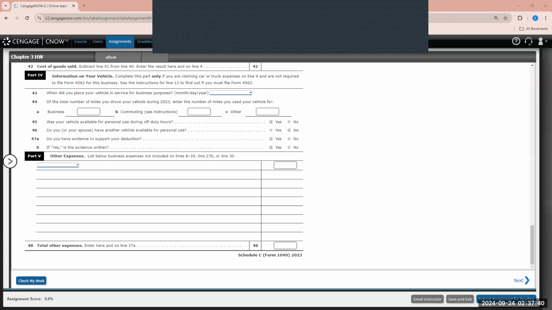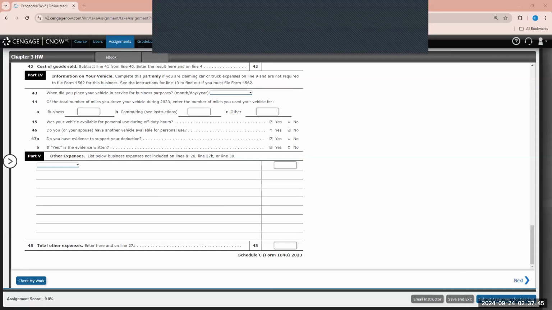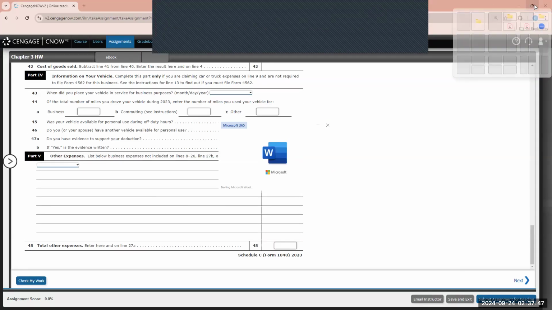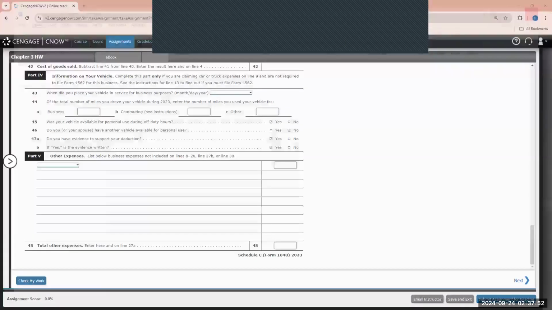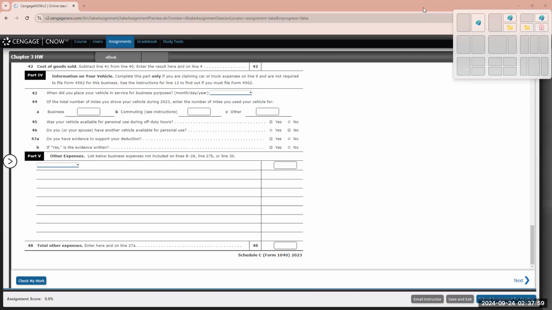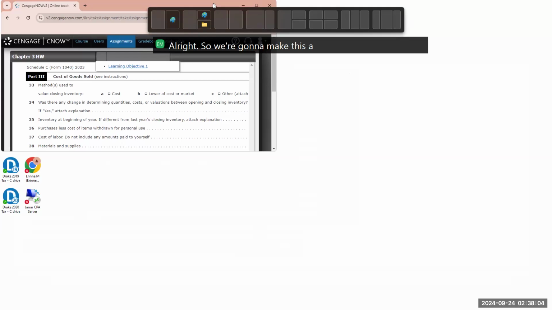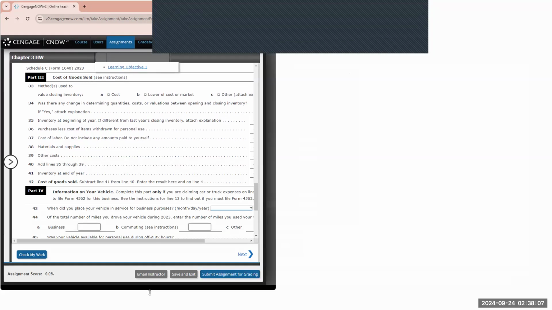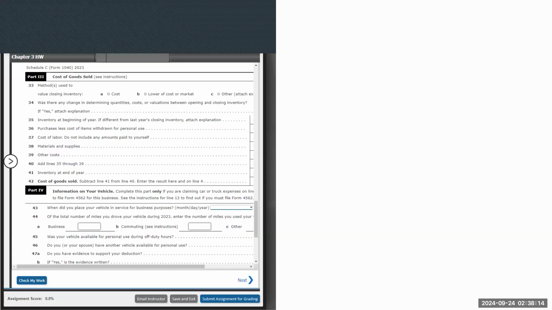So we are going to start to work on this problem. Right, so I'm going to make this a little smaller. So that way we can see both at the same time.